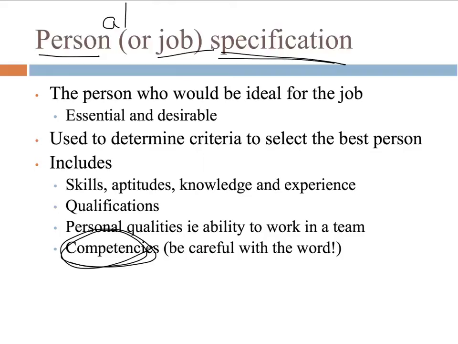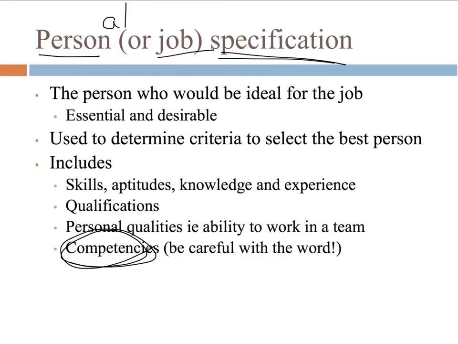It is defined as the behaviours that an employee must have or must acquire to achieve high levels of performance in a particular situation. You should definitely not confuse it with the standard word, like the non-business word, competence. So competence is different to competences.